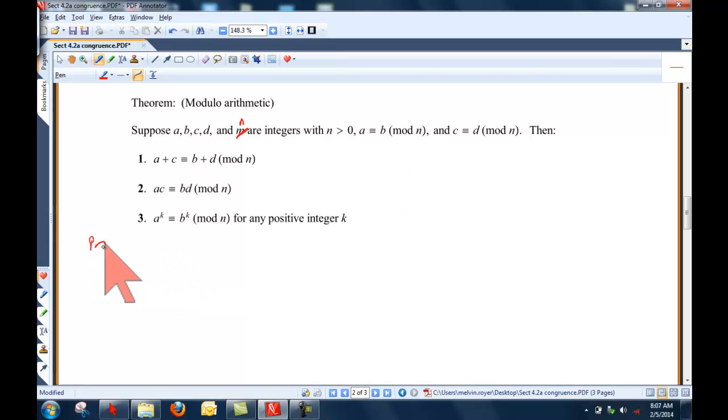Let's just prove one of these, say number 2. So I have that A and B are congruent mod n and C and D are congruent mod n. So by part 1 of the previous theorem, how can we write this?